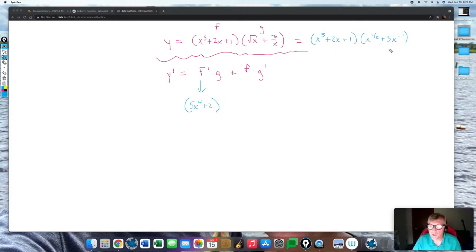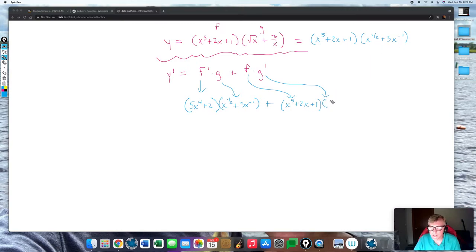All right, g is x to the 1/2 plus 3x to the negative 1. That's what g is. Plus, okay, f is this thing that we started with. Excuse me, my nose itches. X to the 5th plus 2x. All right, and then g prime is this.